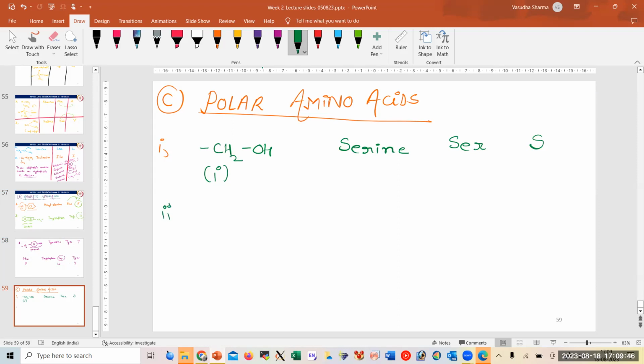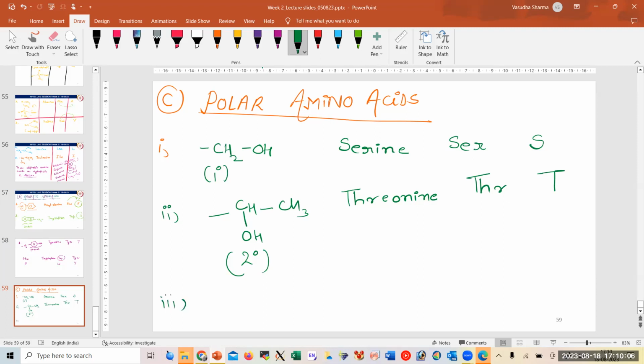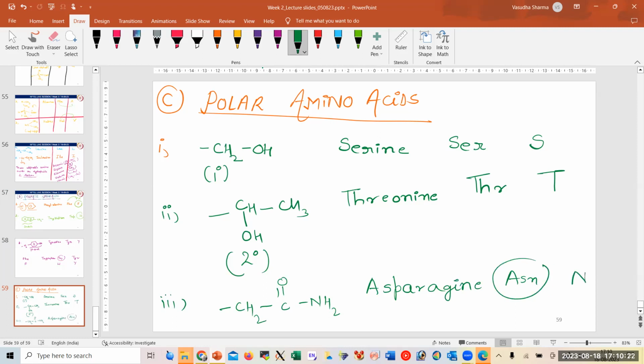The second one, now here it would have OH, so it becomes a secondary alcohol. The name is threonine, THR, letter T. The third is CH2, C double bond O, NH2, an amide group, asparagine, ASN, and N is the letter.